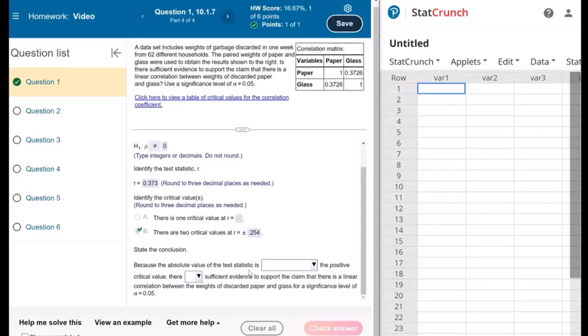Because the absolute value of the test statistic is 0.254, let me draw a picture so this makes sense. If I have my curve, my critical value is going to be right here and right here. This is negative 0.254 and positive 0.254.